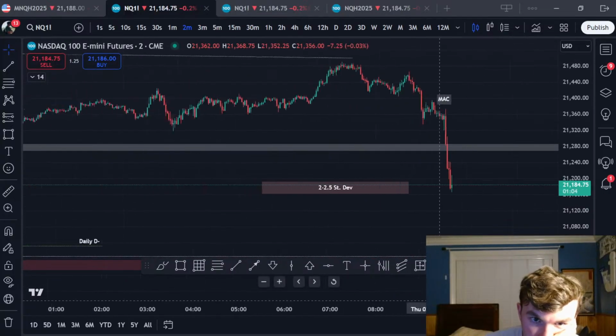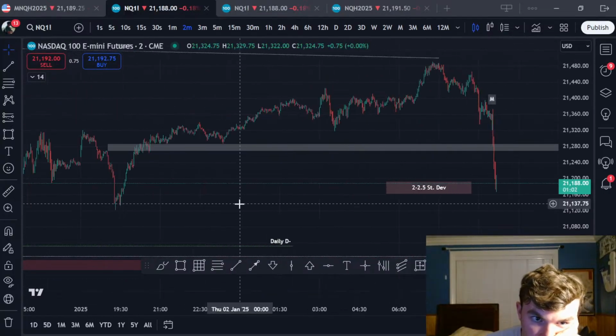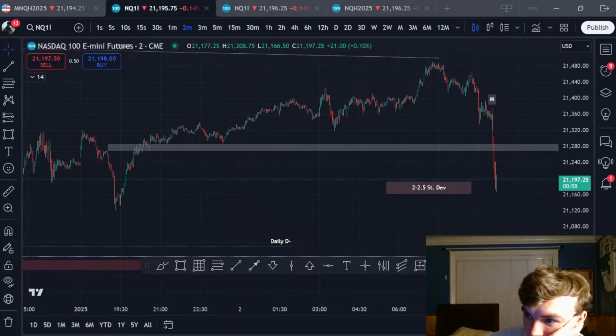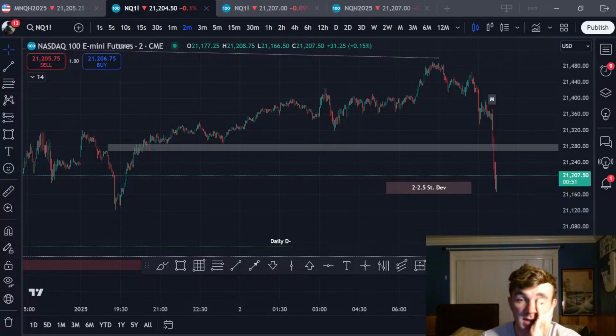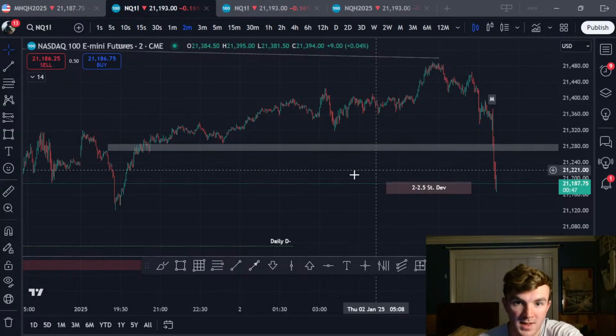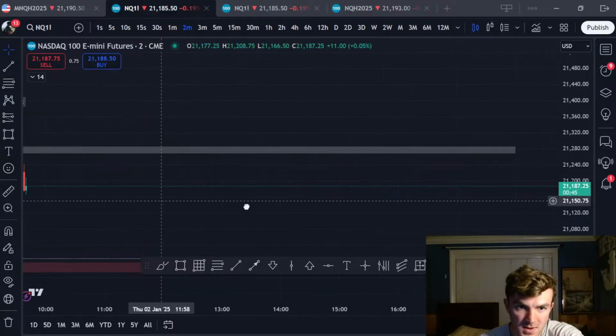So one idea is it's possible we backtest this new day opening gap here.